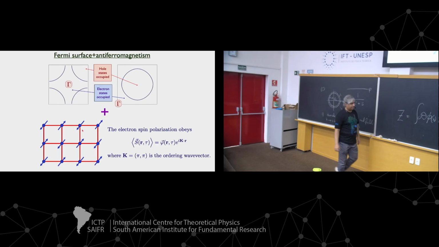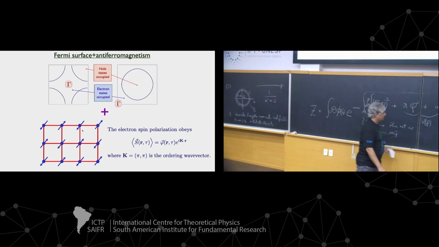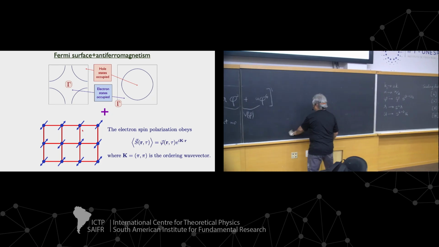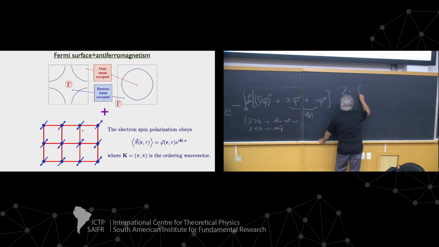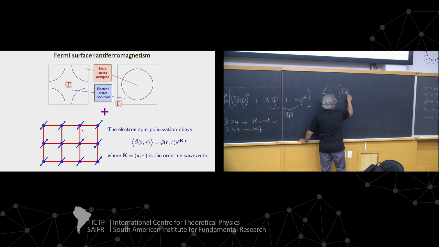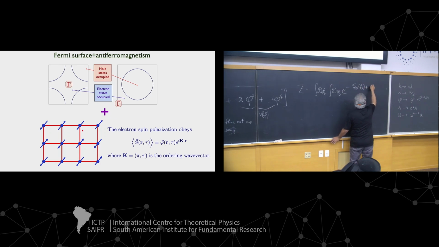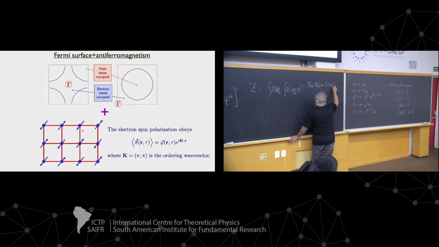So in fact, what I've done so far, if I write it in terms of actions, I have a partition function, which was the integral d phi lesser, d phi greater, of e to the minus some action of the lesser fields, S greater of phi greater plus S of phi lesser, and then some interaction term, let's call it I, which involves both phi lesser and phi greater.